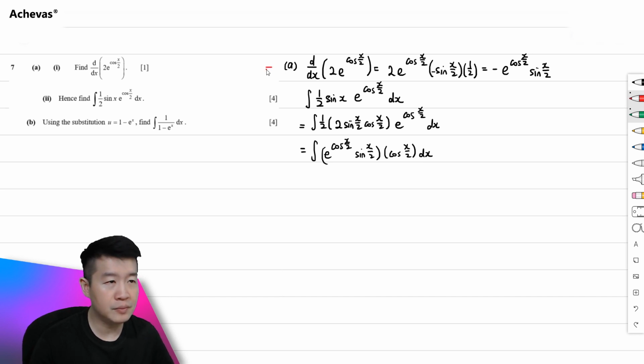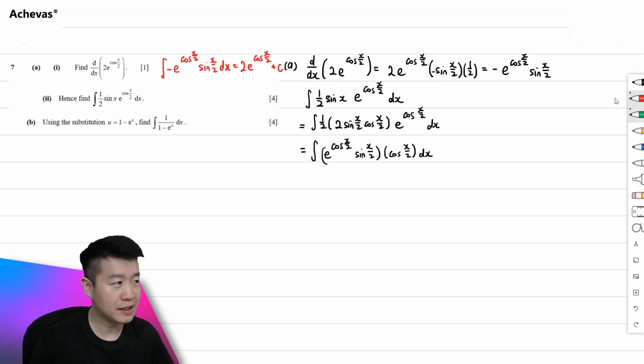I know from part 1, for whatever that we have differentiated here, when we integrate minus e to the power of cosine x over 2 sine x over 2, we know that this is going to give us 2 e to the power of cosine x over 2 plus c, where this is from the first part.